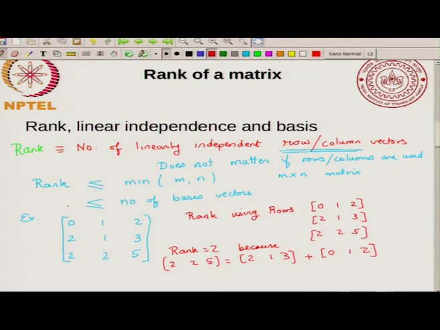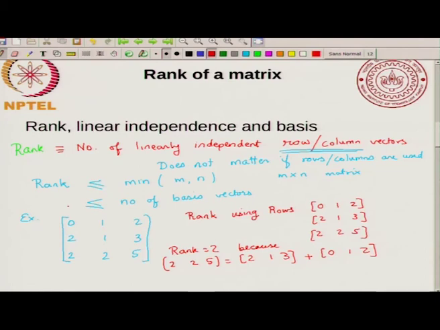And in addition to that, you can see that if you take the first and second vectors, they are clearly linearly independent. So the rank is not 1, rank is equal to 2. So in general, you can take any matrix, you can do the same using columns and you will get the same answer, okay, and basically the rank is independent of whether you take rows or columns.